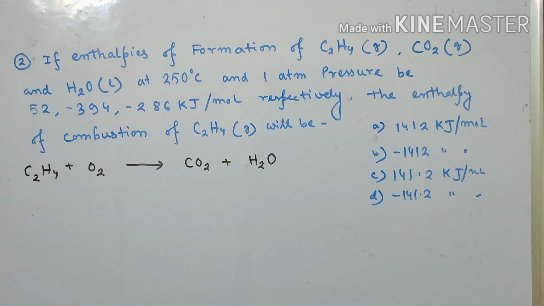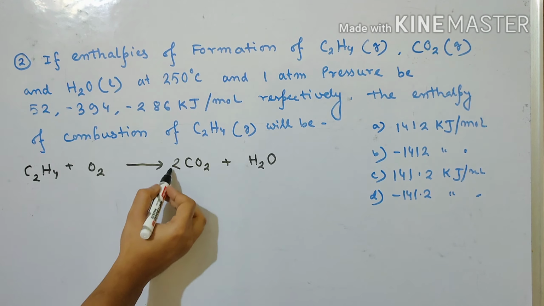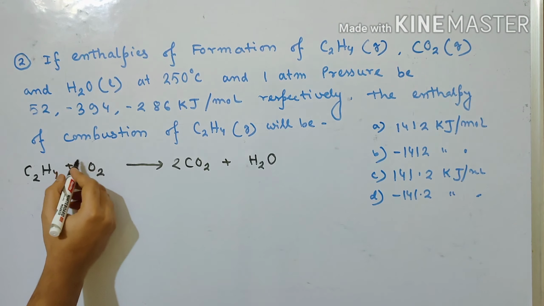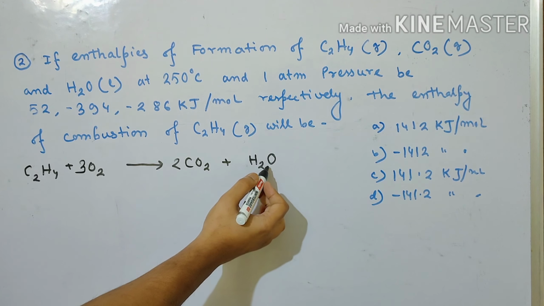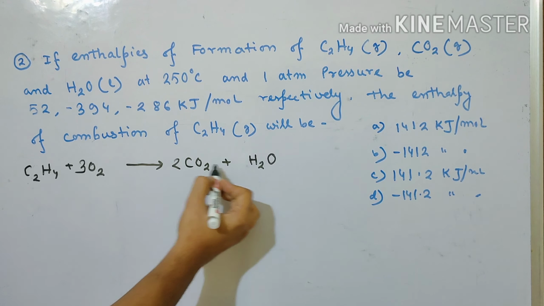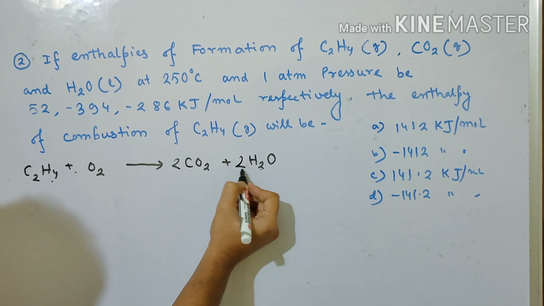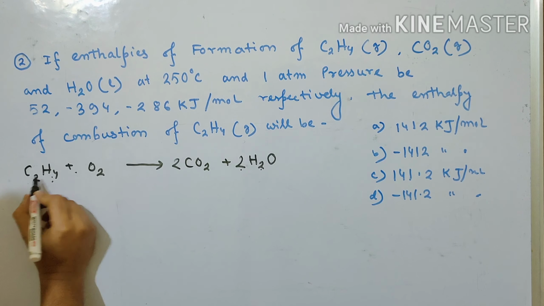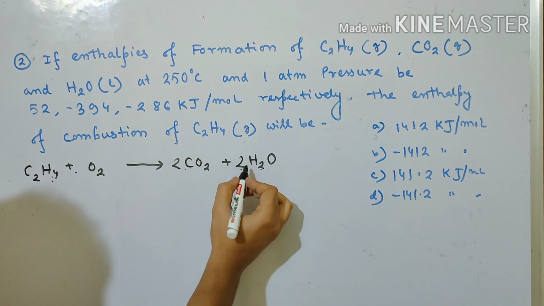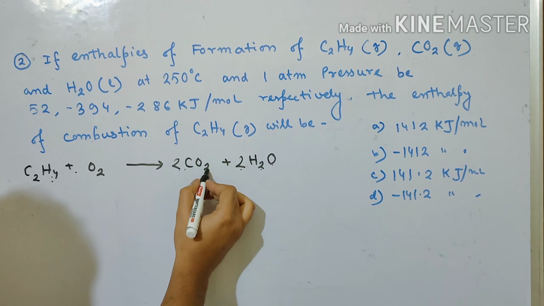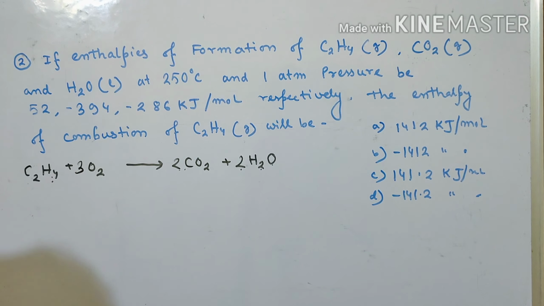If so, first of all we need to balance it out. Here you can see C2, so it should be 2. If it is 2, then accordingly it should be 3O2. Now see the number of hydrogen, 4, so I have to make it 2. So 2 into 2, 4. 2 carbon, 2 carbon. Now see what is being changed: 2 oxygen, 4 oxygen, so it has to be 3 oxygen. So this is the balanced equation.